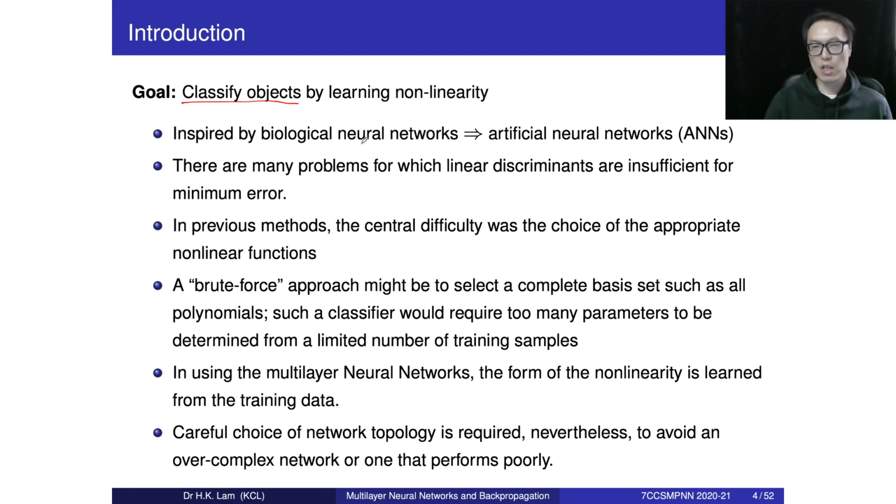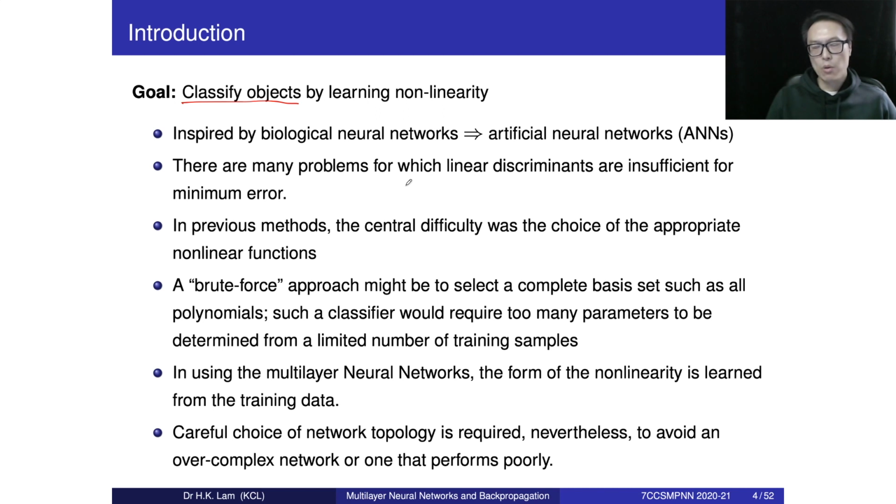This idea is shared by the artificial neural network. The artificial neural network is a network which mimics the behavior of our brain. So we simplify the model so that the artificial neural network can learn the knowledge and then process the data. In this lecture, we are going to use it for classification.